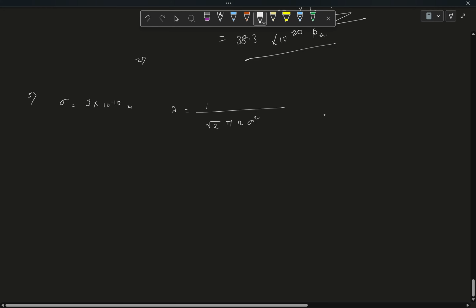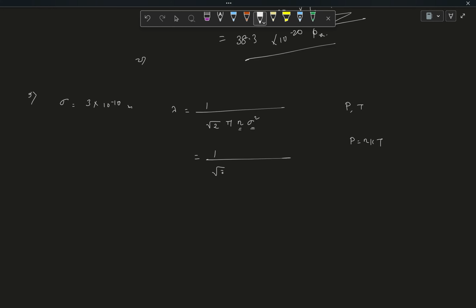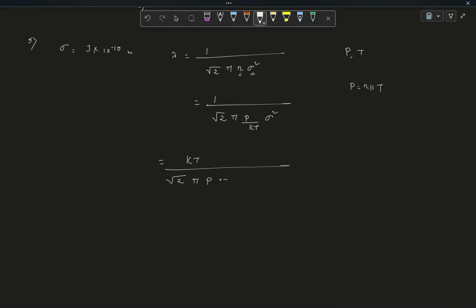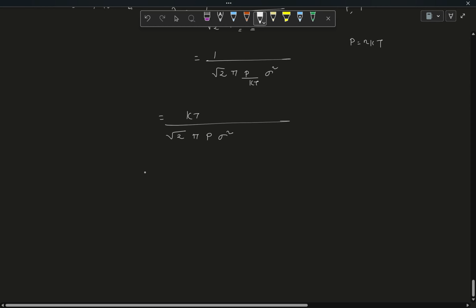You have the information about sigma, but you don't know n. But you know pressure and temperature, because that value is given in the question. You know the expression that P equal to NKT, so N equal to P by KT. So this is 1 by root over 2 pi P by KT sigma squared, which is equal to KT divided by root 2 pi P sigma squared.